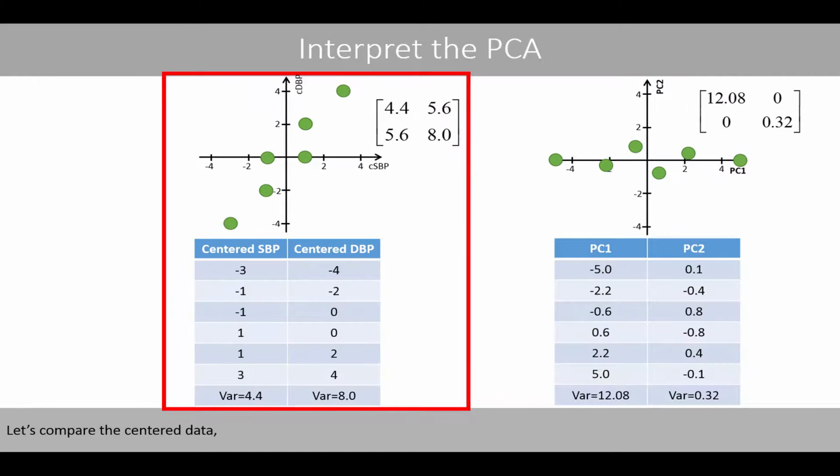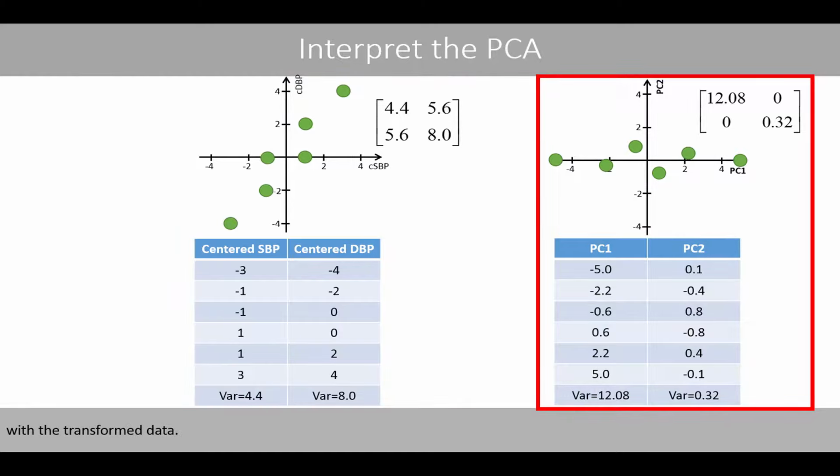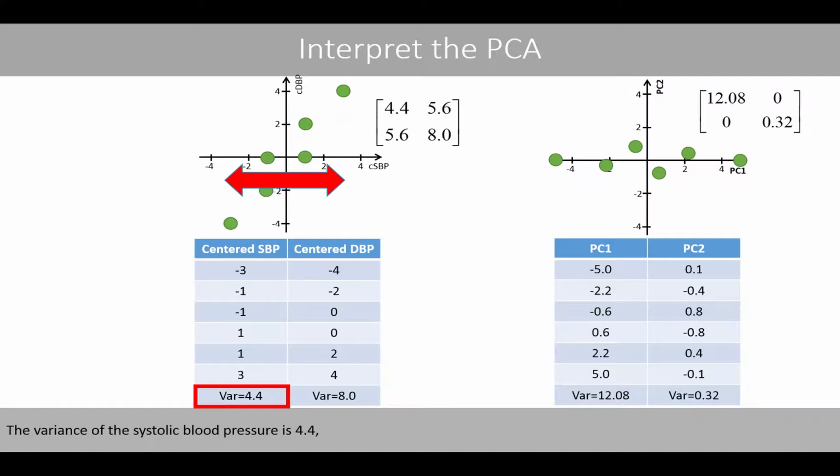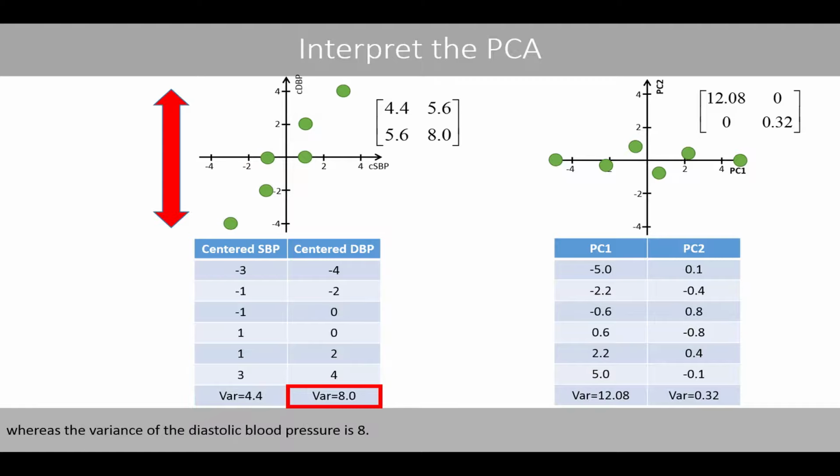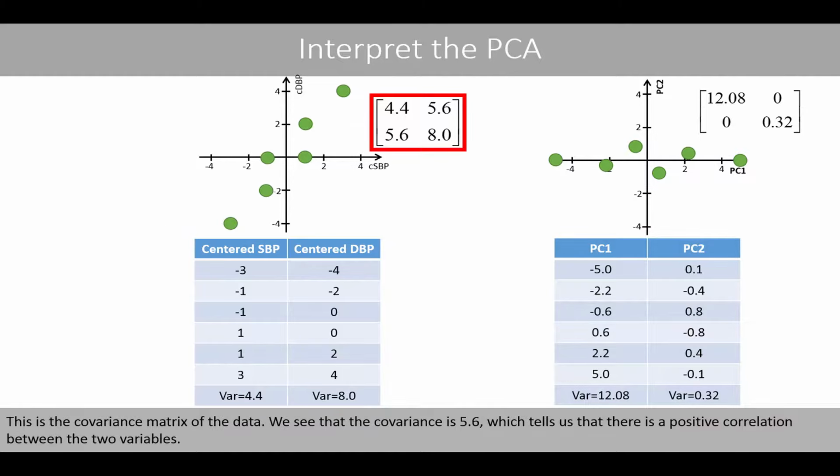Let's compare the centered data with the transformed data. The variance of the systolic blood pressure is 4.4, whereas the variance of the diastolic blood pressure is 8. This is the covariance matrix of the data.